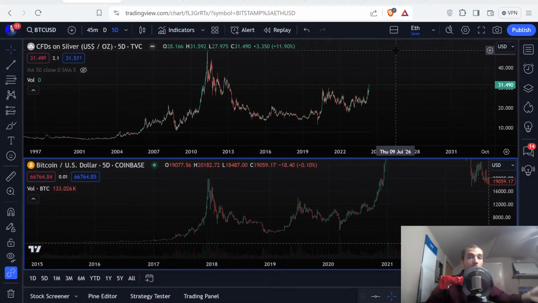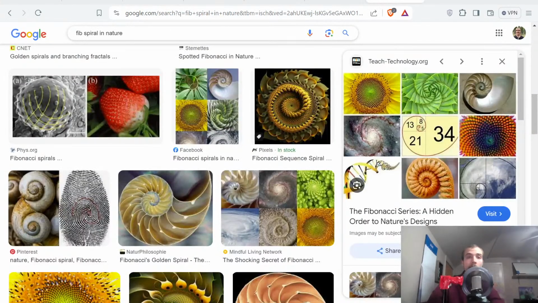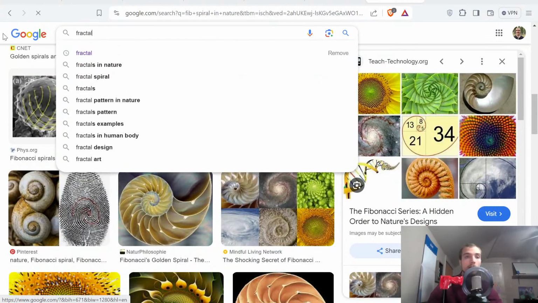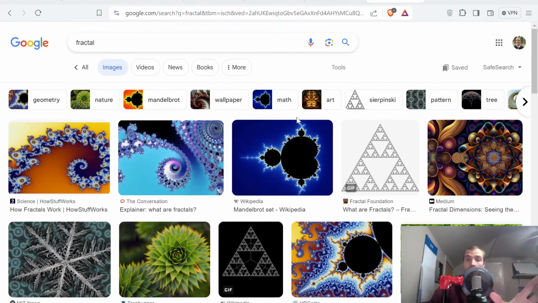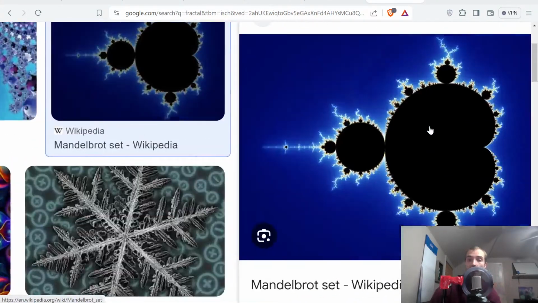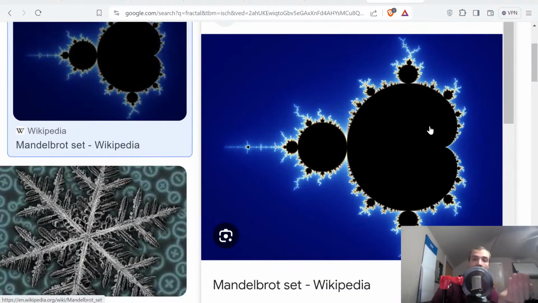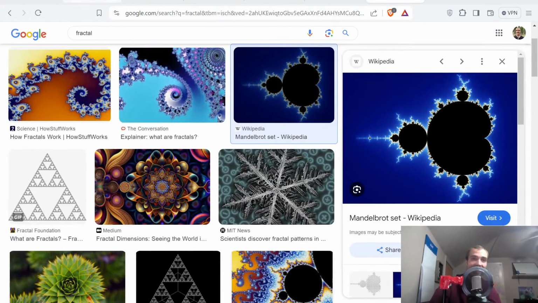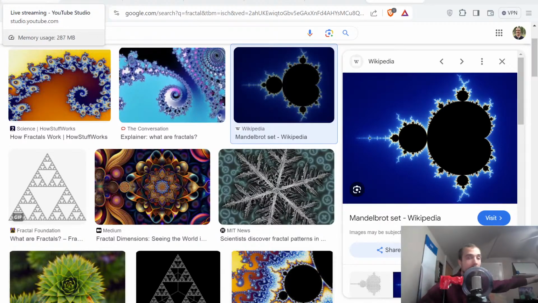It's the same pattern. It's the same fractal, right? The little circle is the same as the big circle. So this geometry and this math is not only found in nature, it's found in your charts too. And this is what the pros know, and this is what Wall Street doesn't want you to know, and what nobody talks about because for some reason everybody's caught up around emotions or news or fundamentals.